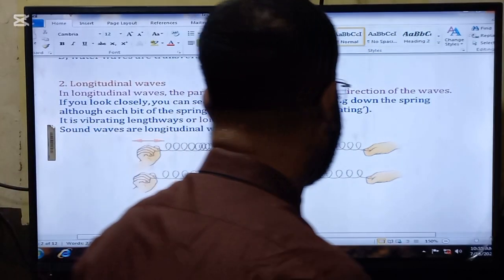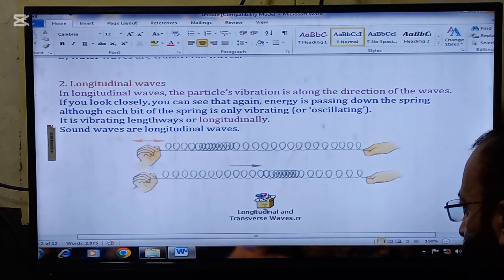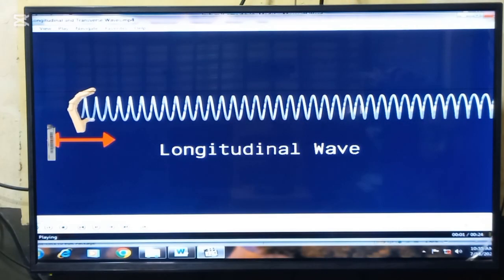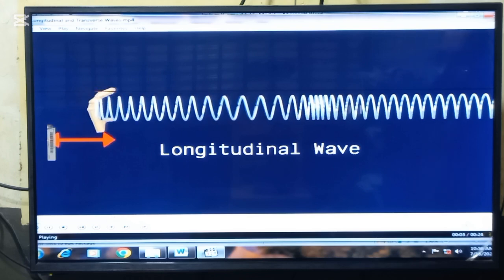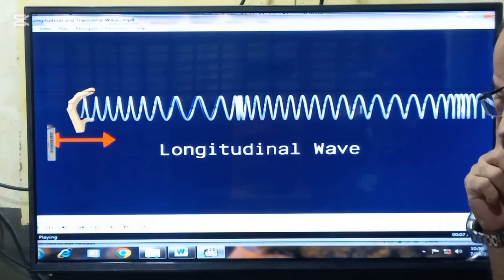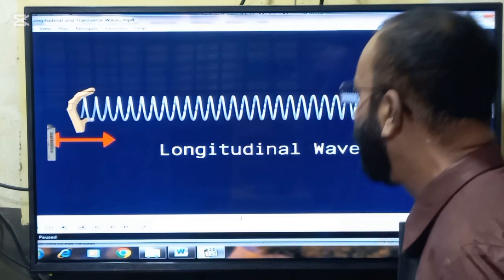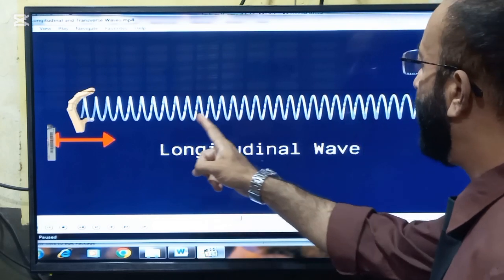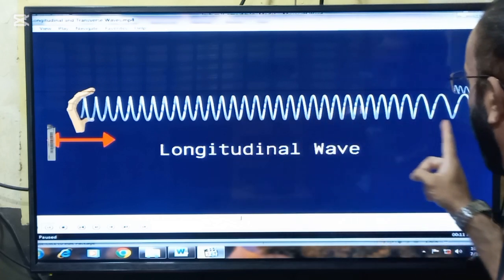And here is a video of longitudinal and transverse waves. In a longitudinal wave, the disturbance that makes up the wave is along the direction in which the wave travels. Longitudinal waves are also referred to as compression waves. So here you can see the particles are moving lengthways to the direction of the waves.